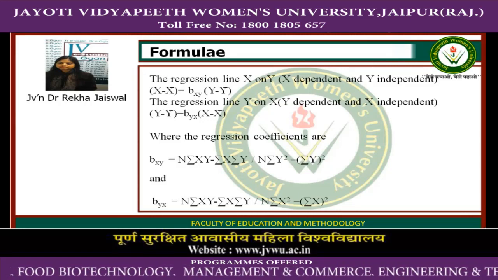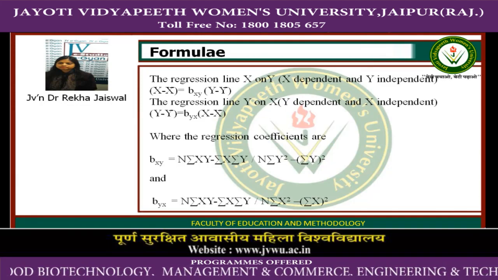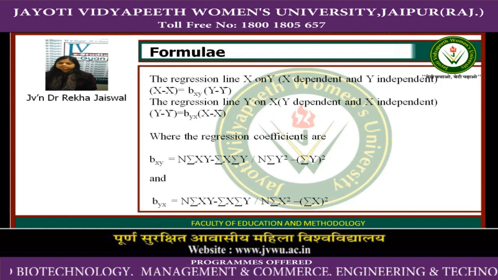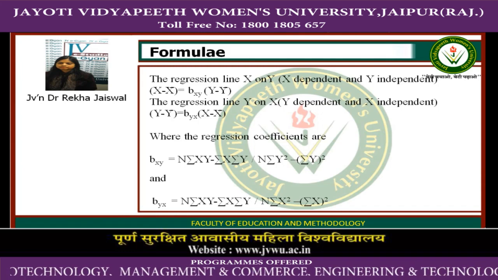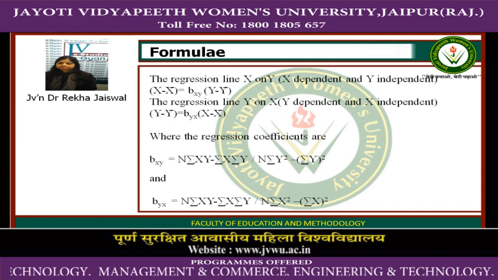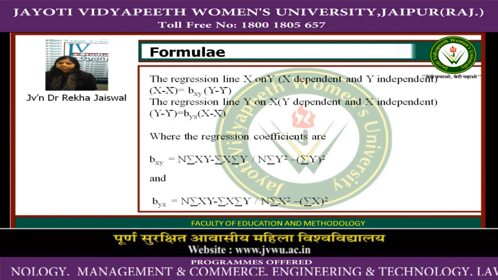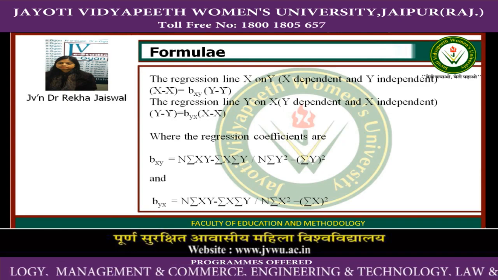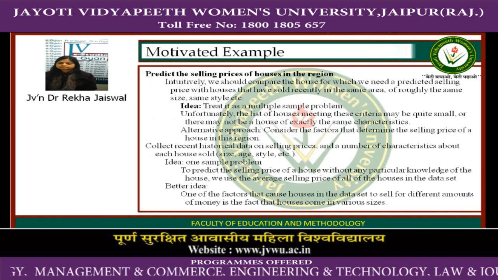The regression line of y on x, where y is dependent and x is independent: y minus y bar equals byx into x minus x bar, where the regression coefficients are bxy equals n sigma xy minus sigma x into sigma y, whole upon n sigma y square minus sigma y whole square, and byx equals n sigma xy minus sigma x into sigma y, upon n into sigma x square minus sigma x whole square.